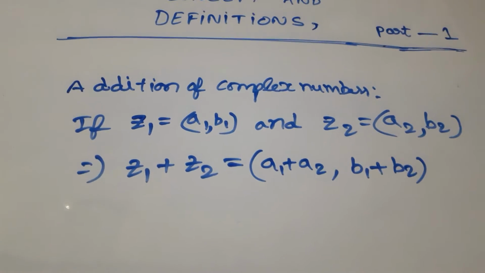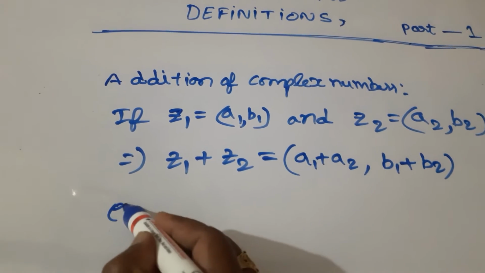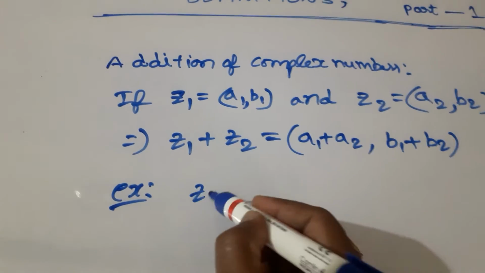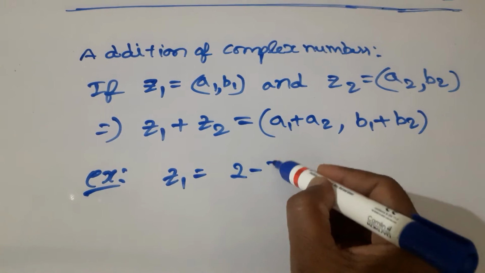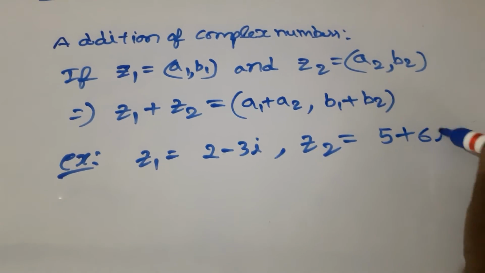Similarly, we can calculate subtraction also. Okay. For this example, z1 is equal to 2 minus 3i, z2 is equal to 5 plus 6i.